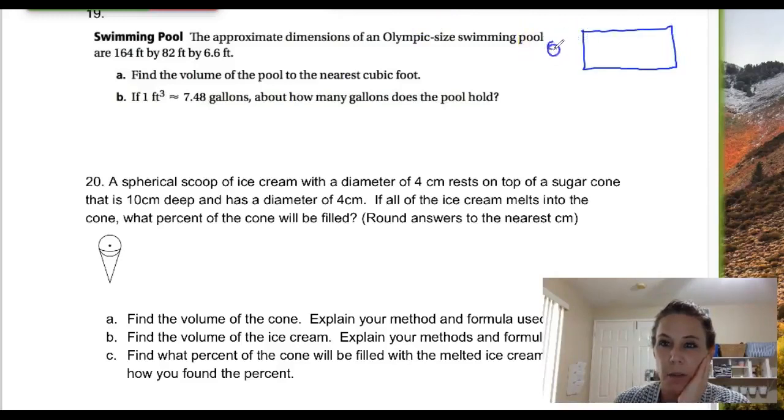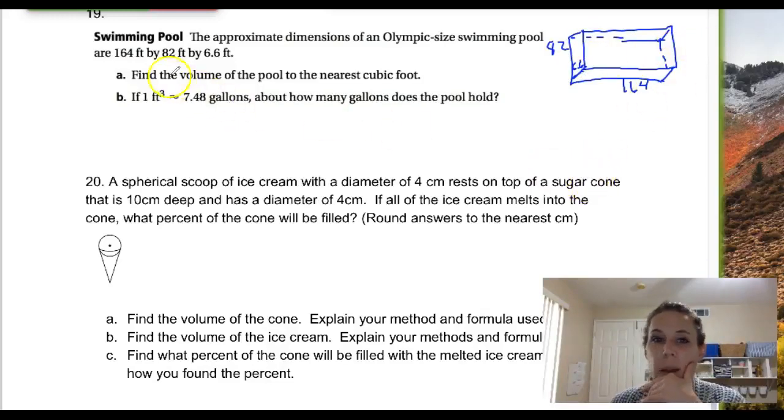Okay, so we'll do 82 by 164, and then because we're talking depth here, like how deep the pool is, right? We're doing depth too. So this depth is going to be 6.6 feet deep all the way across. All right. Find the volume of the pool to the nearest cubic foot.